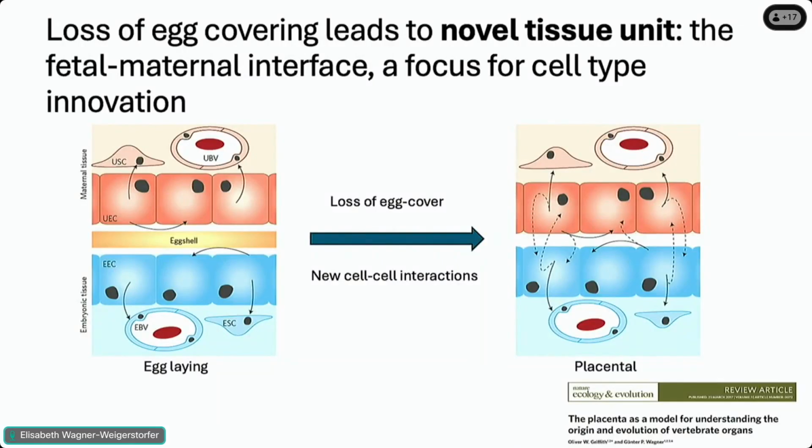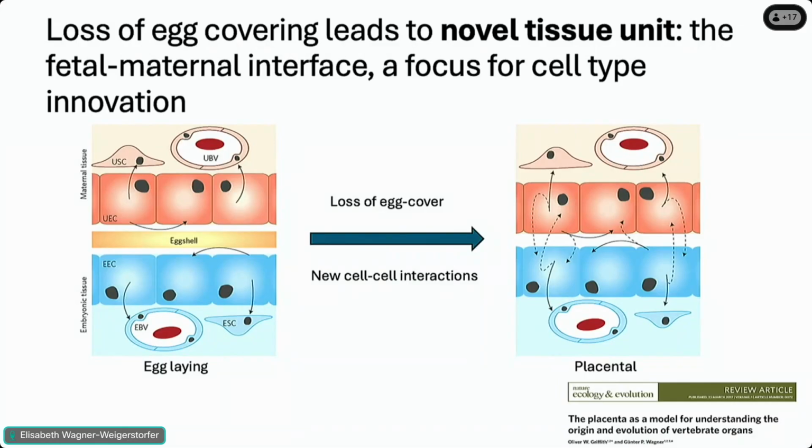Now, it's interesting to think about what's actually happening cell biologically when a placenta evolves. So you start from a situation in egg-laying forms, also forms that have egg retention. You have maternal cells that have their evolved way of interacting with each other, and separated from them physically are the embryonic cells that also have their own cell biology.